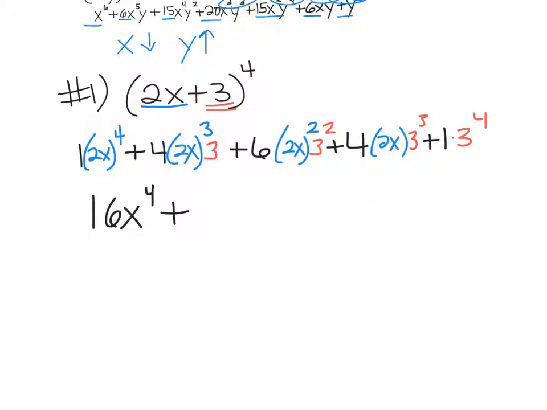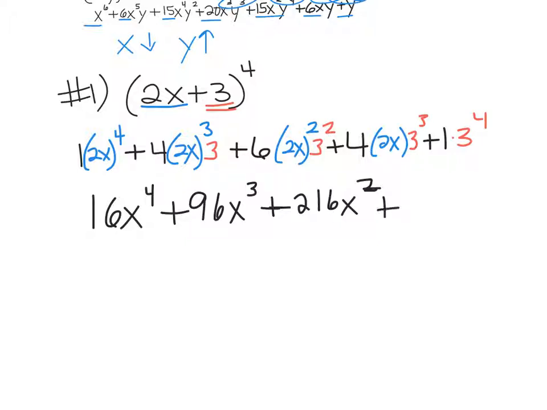You get 96 x cubed plus, this one I'm going to do 6, 2 squared, 3 squared. 2 squared, 3 squared, and I get 216 x squared.